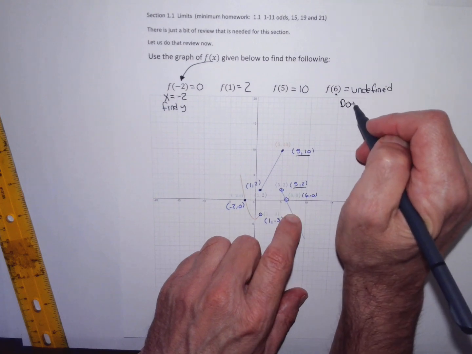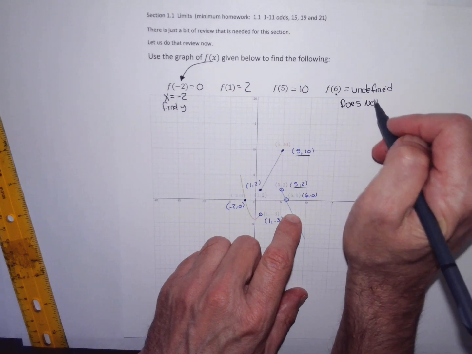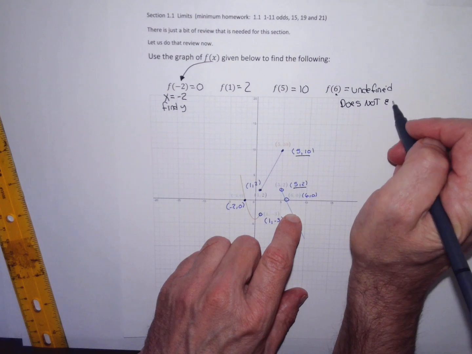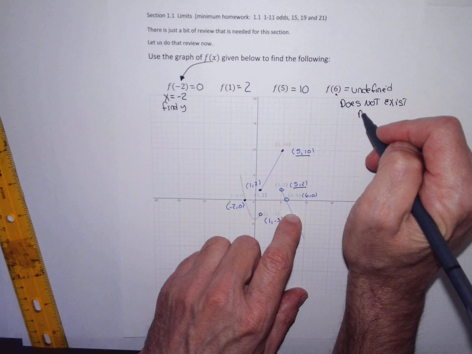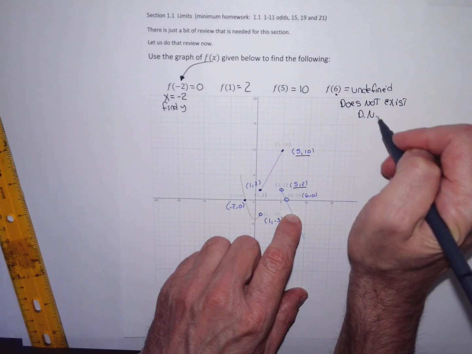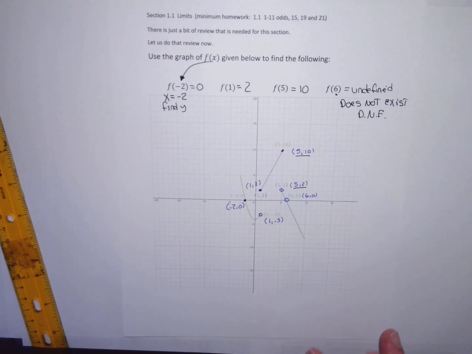That's common notation in our class. These would both be good ways to express what f of 6 is, because there's no point on the graph that has an x coordinate of 6. That's just algebra, but that algebra is going to be important. It's going to kind of link us to calculus.